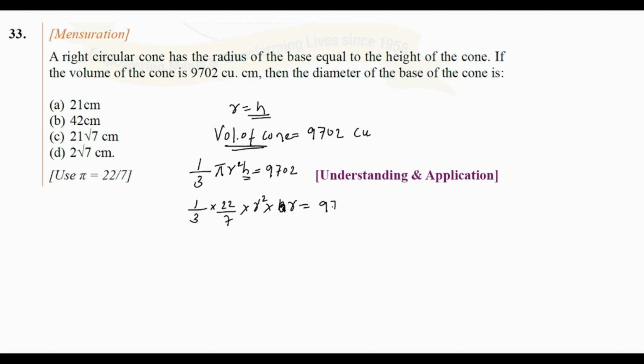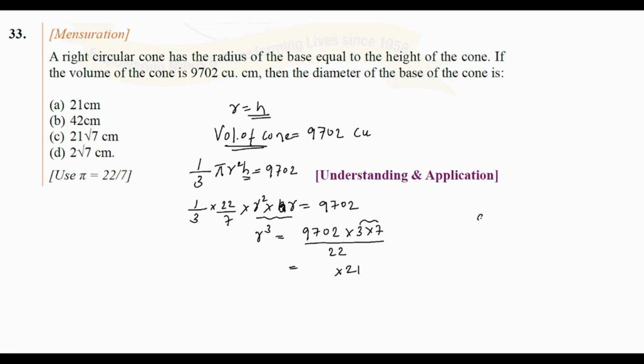So 9702. I get r square into r, which is r cube, is equal to 9702 into 3 into 7 divided by 22. Here 3 into 7 is 21.